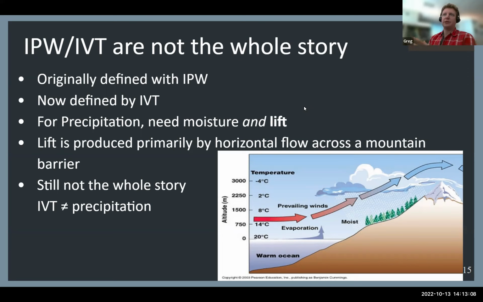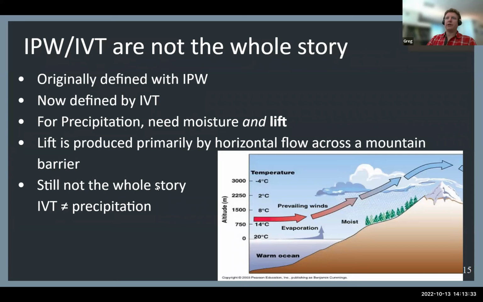But to actually get precipitation out of these atmospheric rivers, the vapor transport is not enough. You also need to lift that moisture. And typically, going back to that Geography 101 slide, that lift is produced primarily by horizontal flow across the mountain barrier, being the coast mountains in our case.